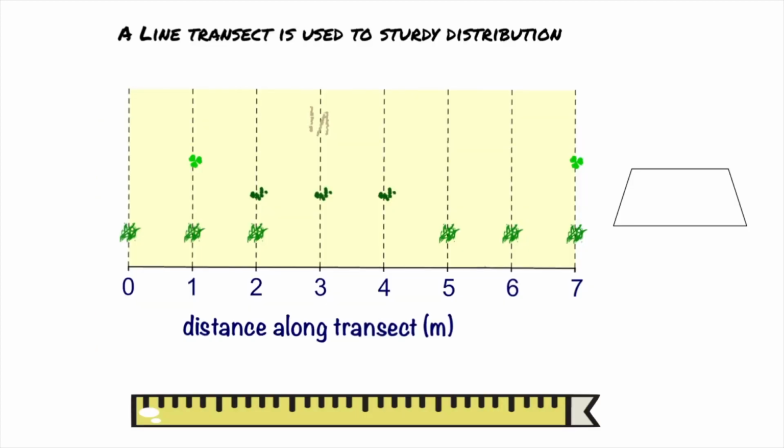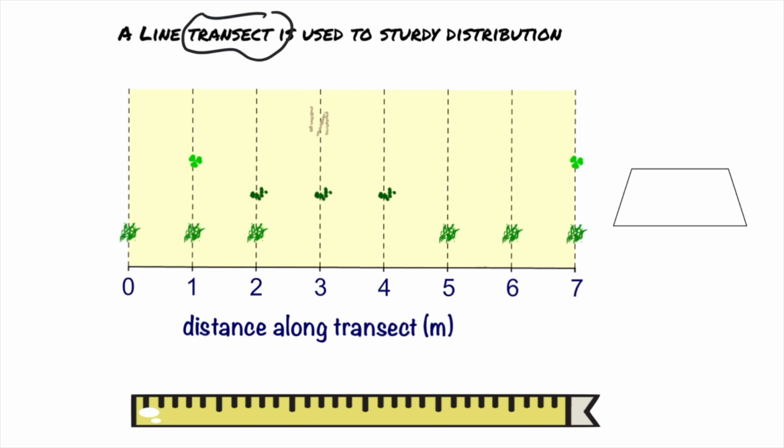Remember earlier we indicated there are two terms that we're interested in. One is distribution and the other is percentage cover or abundance. Now, to study distribution, we have a very neat method, which is the transect. What's a transect? A transect is simply a long tape with measurements, and I place this transect along my habitat and I see where these plants are found.